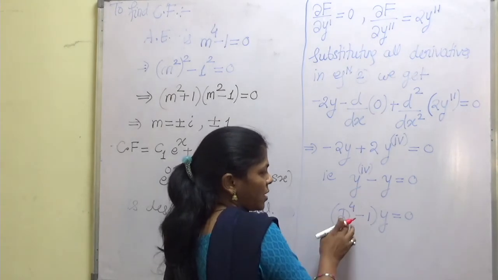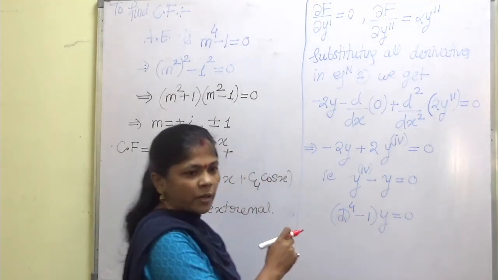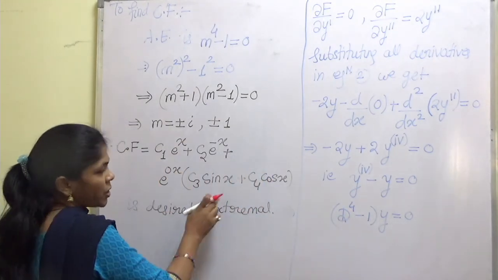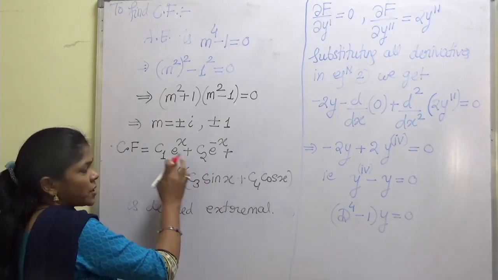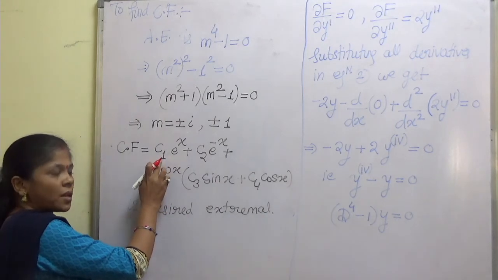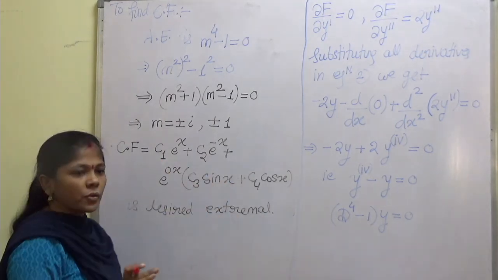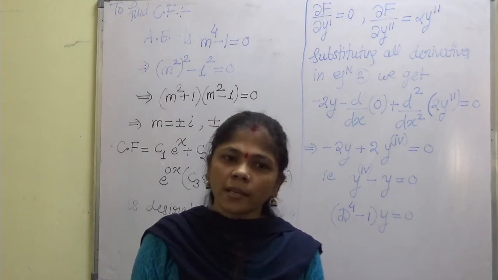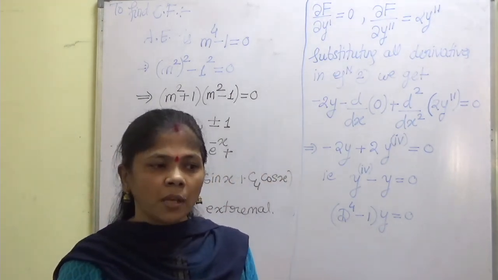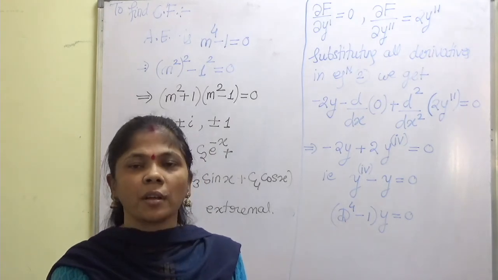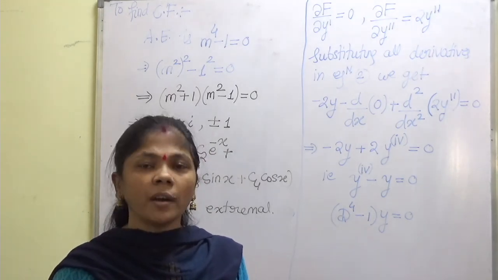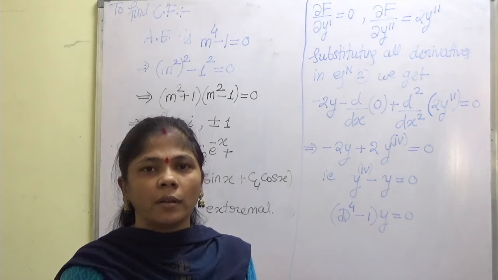You can see here the order of the derivative is 4, right? So the general solution will involve 4 arbitrary constants. What are the 4 arbitrary constants? C1, C2, C3, C4. So in this way one can easily, by making use of the Euler-Poisson equation, get the solution for a functional dependent on the second order derivative.